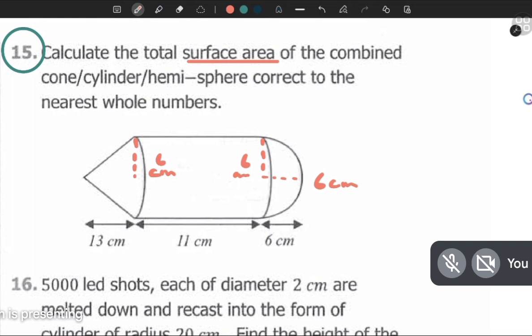Now what you'll have to see is that for the hemisphere, you will take only the outer portion, not the inner portion. And for the cylinder and the cone, again you'll only be taking the outer portion.